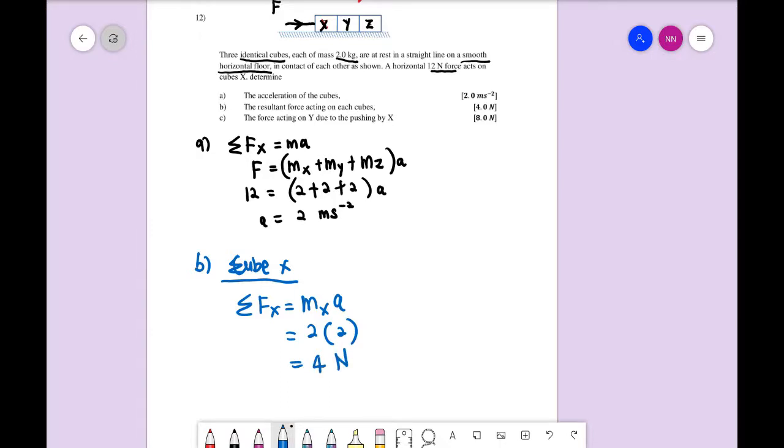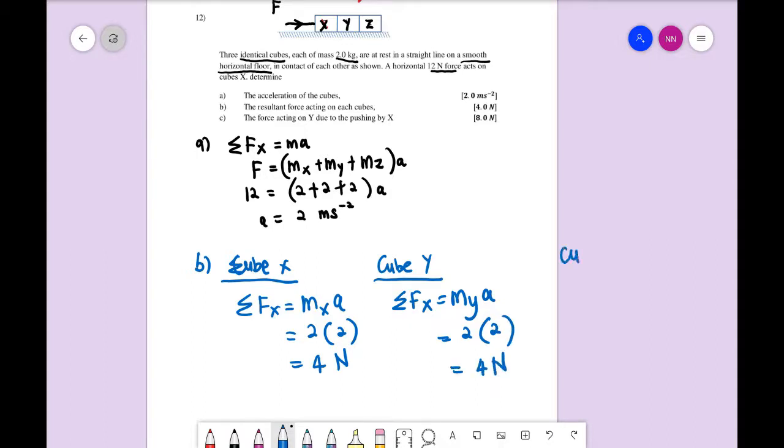And then for cube Y, net force equals mass Y times a, where mass of cube Y is 2 and acceleration is 2, so it is also 4 Newton.